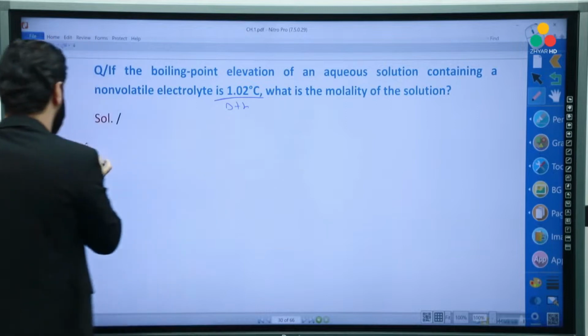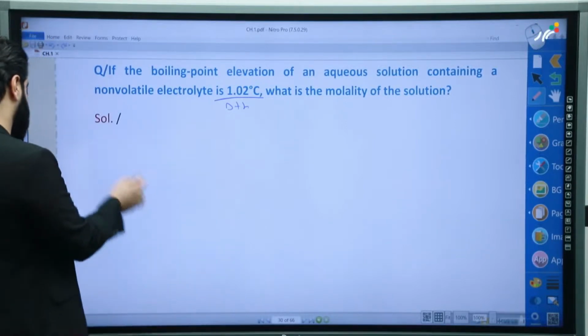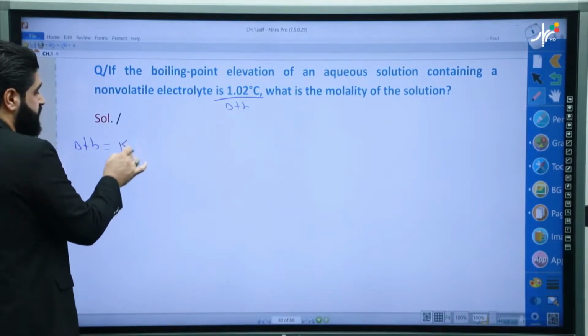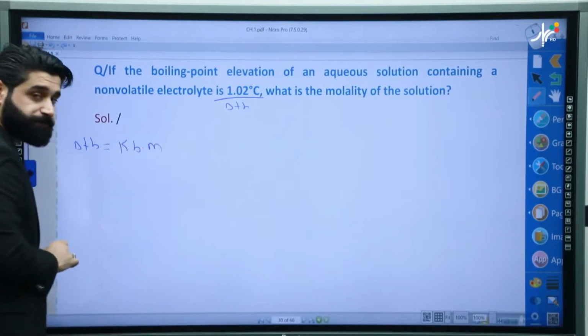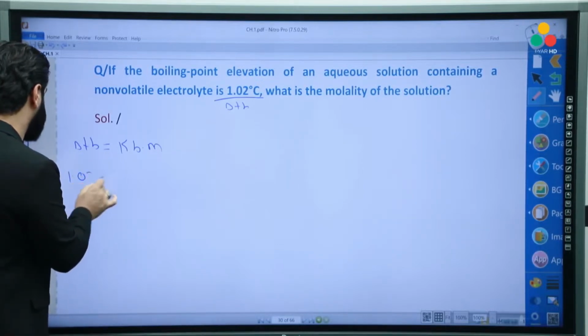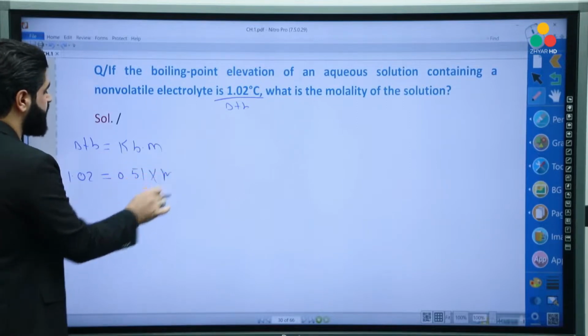So if we have delta TB of 1.02, what's the molar concentration? Surely it's very easy. Delta TB equals Kb times molality. We have delta TB 1.02 equals Kb 0.51 times molality.